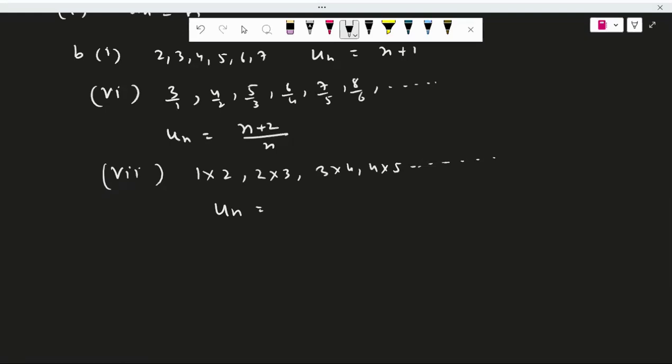What will be the general formula? It's quite simple.